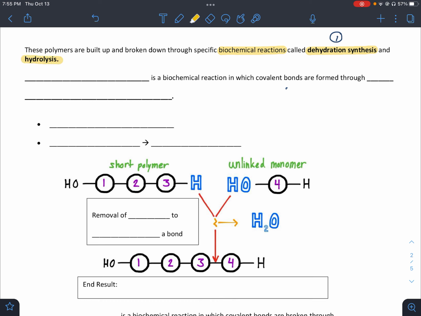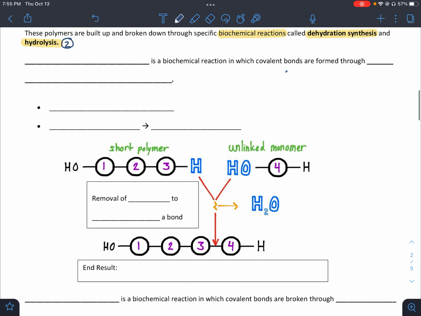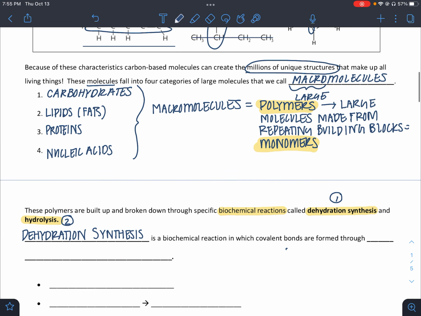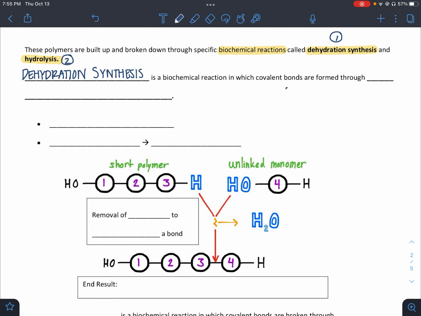The second is called hydrolysis, the second super important reaction you need to know. We're going to start with dehydration synthesis. You've probably heard the word dehydration before. Dehydration means we don't have enough water; it is a removal of water. Synthesis means that we're going to make something.